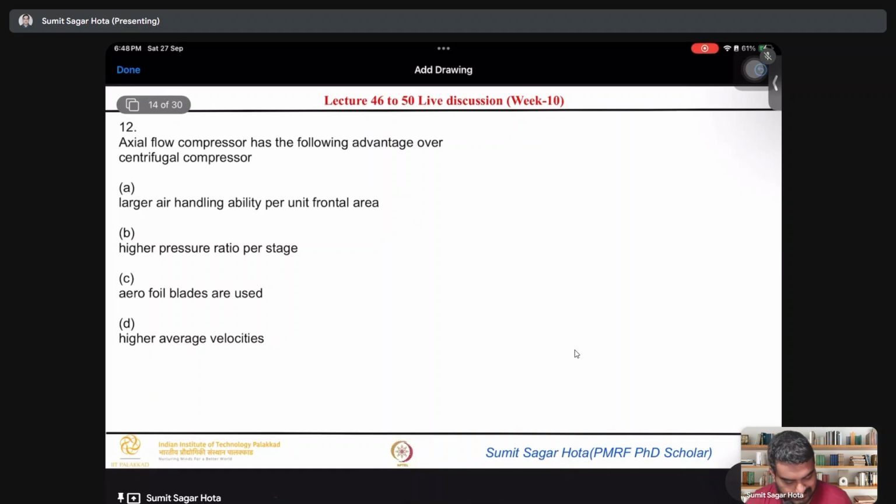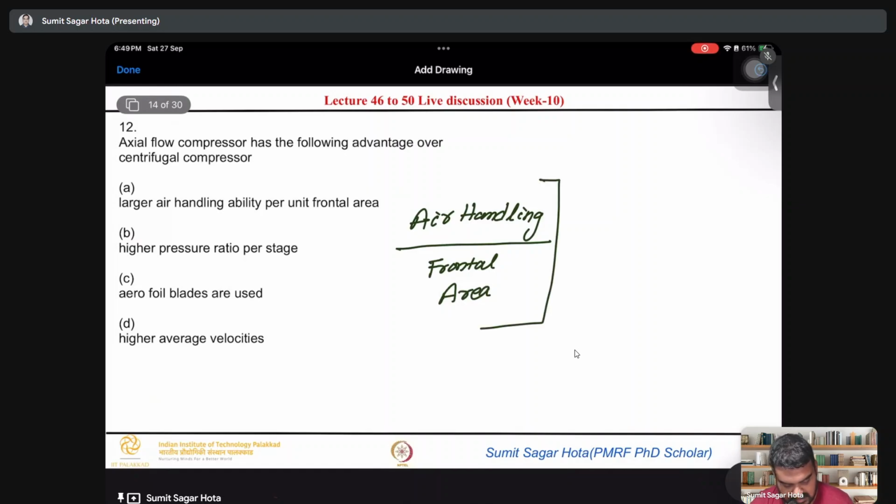So the air handling per unit frontal area is greater for the axial flow compressor.